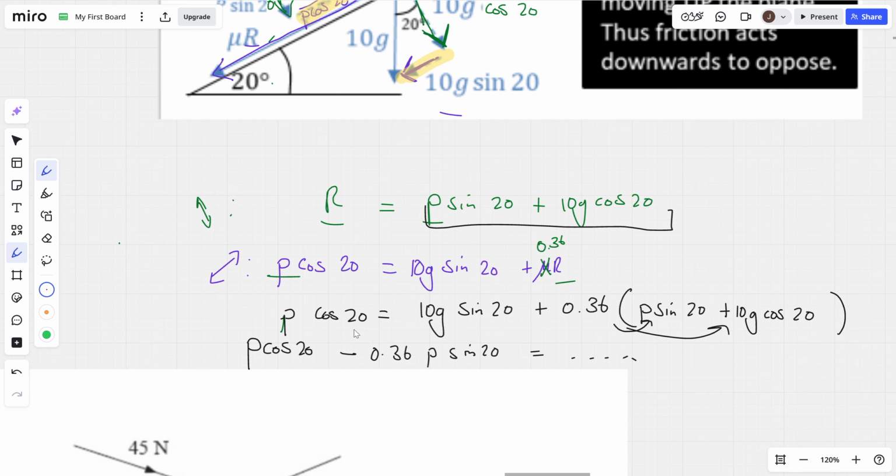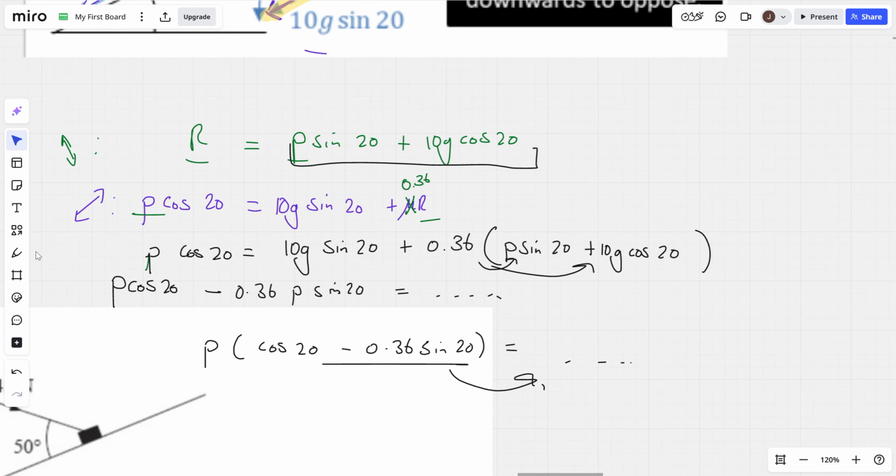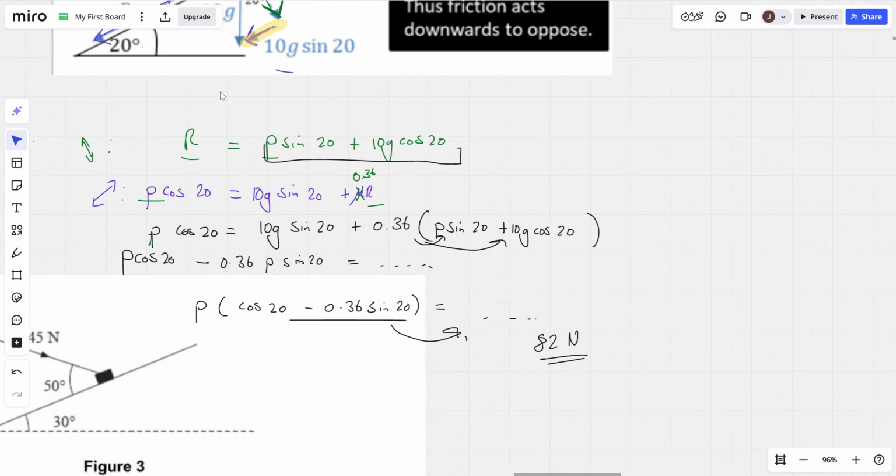You'll factorize out P, you'll get cos 20 minus 0.36 sine 20 equals lots of stuff. And then you'll just divide it, okay? I'm not going to go through that because it will make the video very, very long. But you end up with an answer of 82 newtons. Okay, so P being 82 newtons.